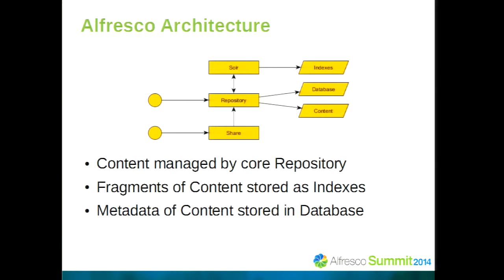And then there are three different places where we store things. We have index storage, metadata and other configurations within Alfresco storage, and then the content itself. When you're setting up a secure system with Alfresco, these are the three things you want to worry about.